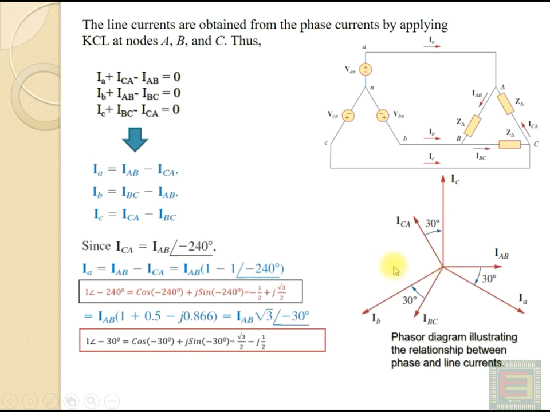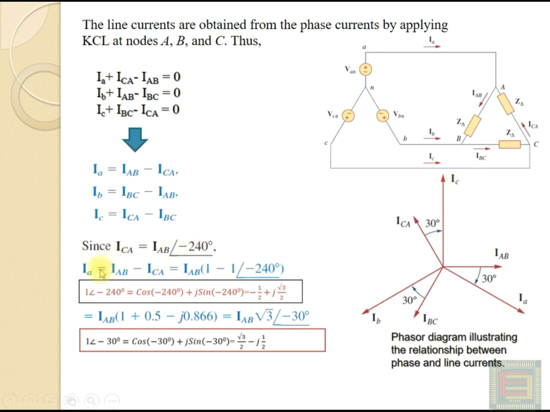So, you have a phasor here and another phasor, and if you find the phasor sum of these two, you get IB. Similarly, the line current IC is equal to ICA minus IBC. ICA is here, and minus IBC is IBC reversed. So, you have to reverse it in this direction and find the vector sum of this vector plus this vector. So, you get IC, the line current IC.